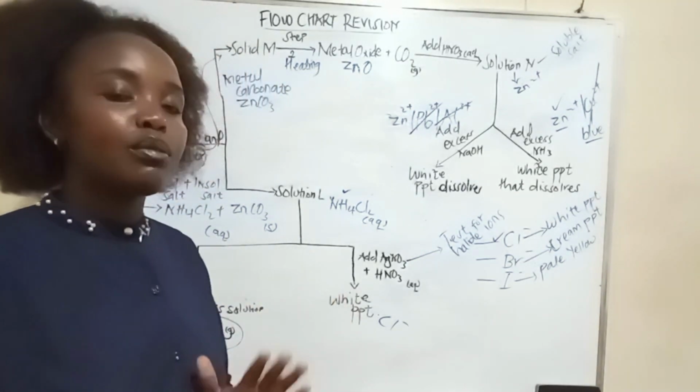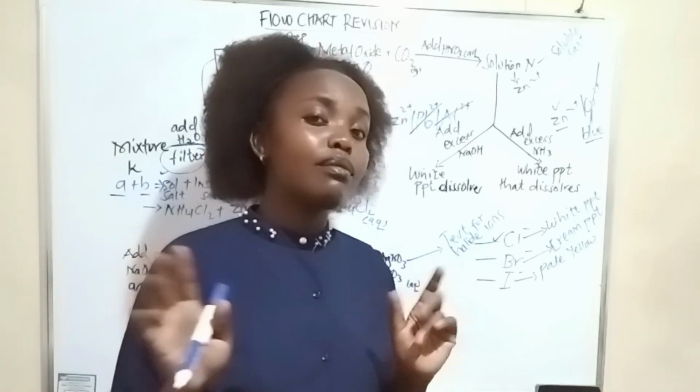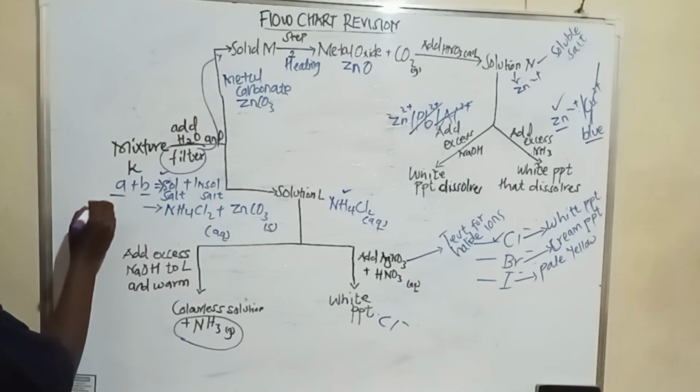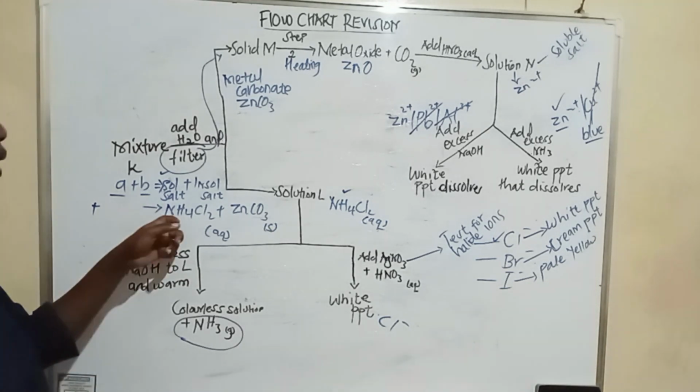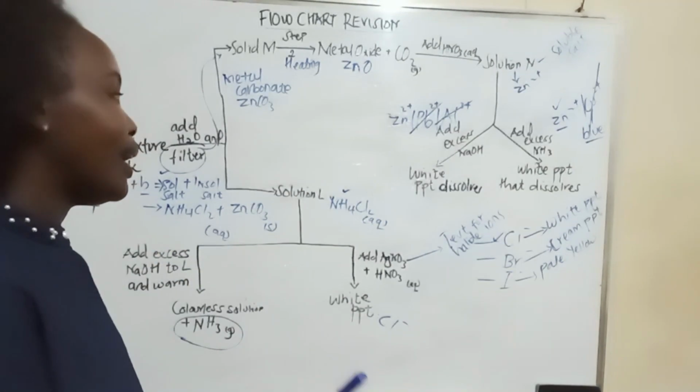What happens normally is the exchange of anions, and the anions are the negatively charged ions. In this case, our A and B were formed due to the exchange of our anions.